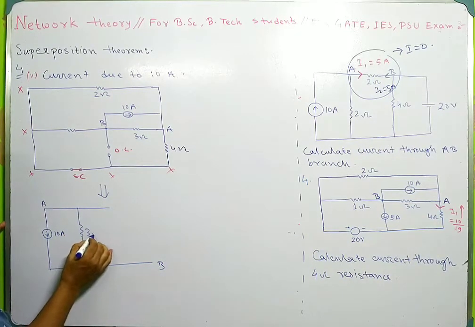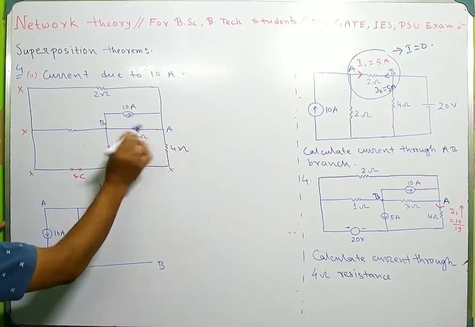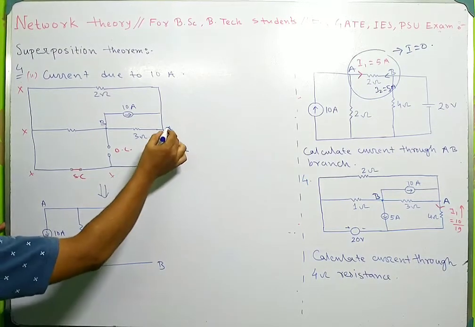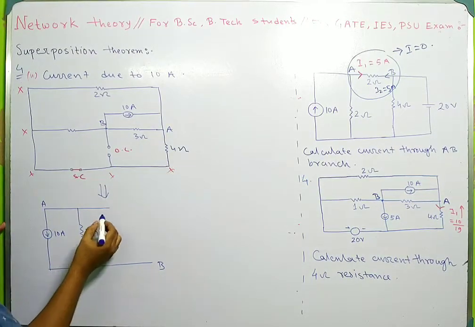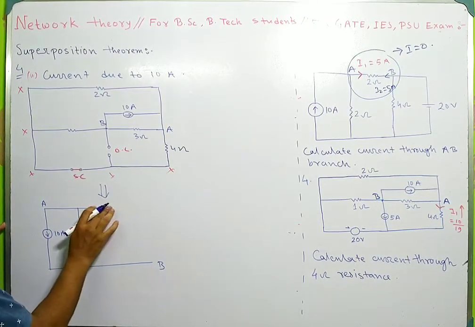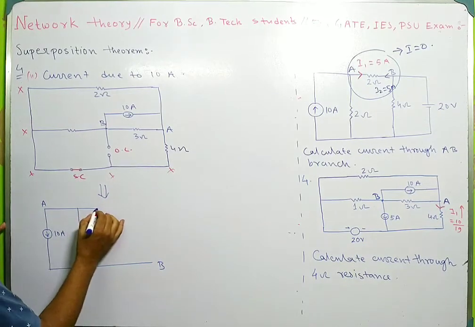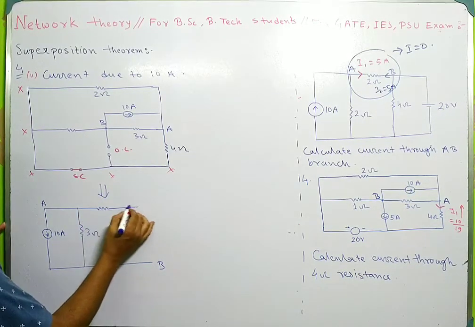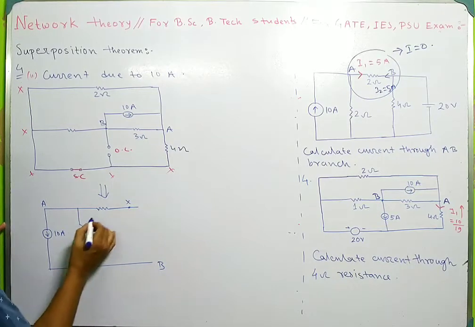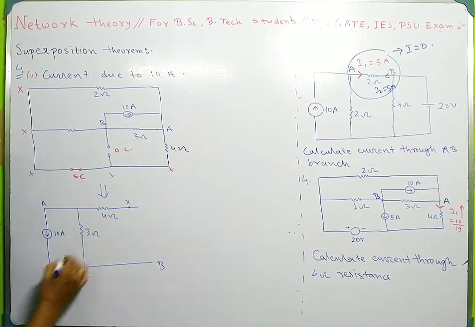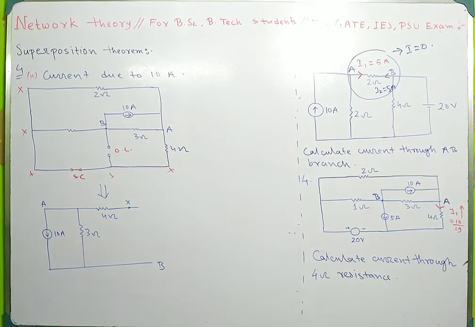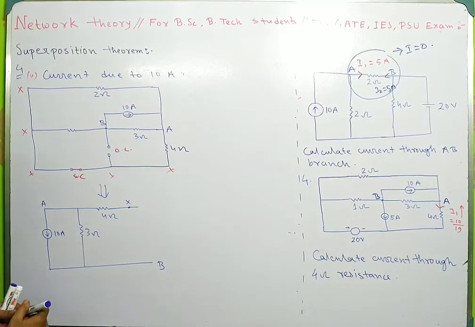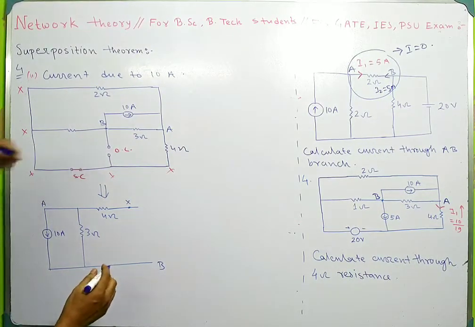A to X is a 4 ohm resistance. Suppose this is X. This is a 4 ohm resistance.